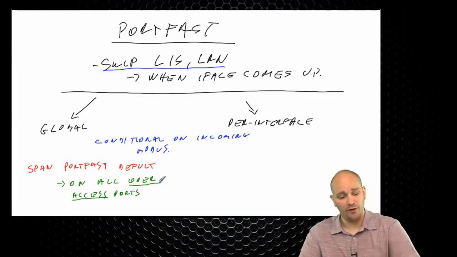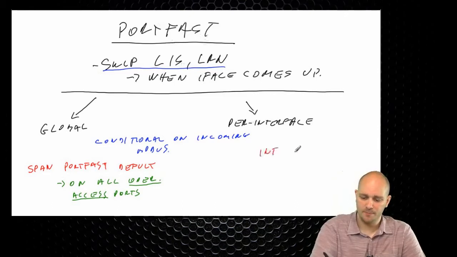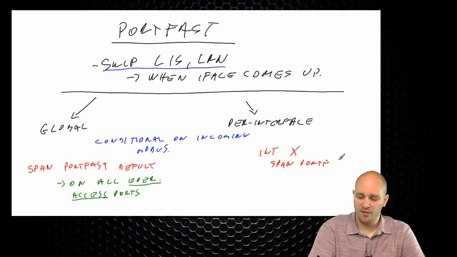Now, when you're configuring per-interface Portfast, the command is interface X and then spanning-tree portfast. Now, there is an optional trunk keyword that you can configure there.